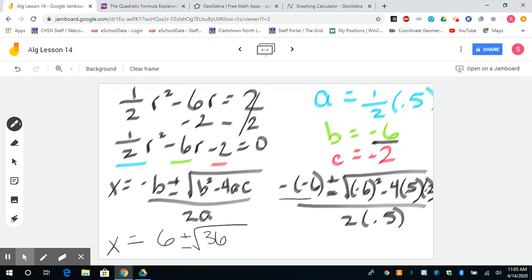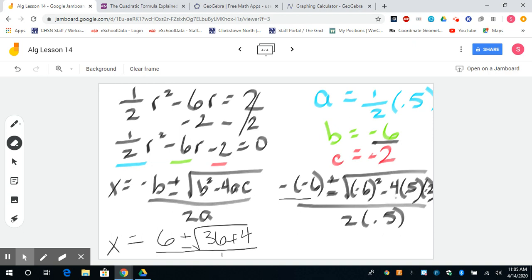So we have minus a negative 4, which is going to be a plus 4, divided by 2 times a half, which is just over 1. Okay, so you don't have to really put the over 1. Now we kind of just have this answer here, and I'll go to the next slide.